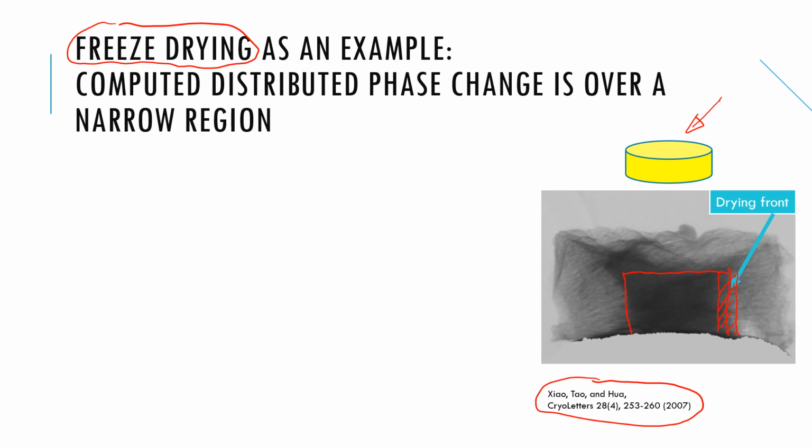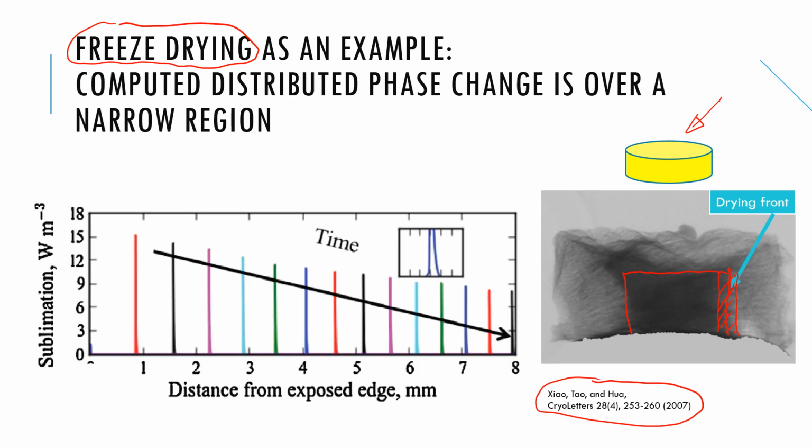So now to the left, I show you a computation of freeze drying. In this case, we have a thick material all the way. This is a boundary where heat is coming from, and this is the thickness of the material.